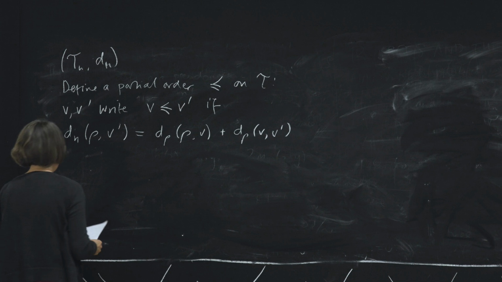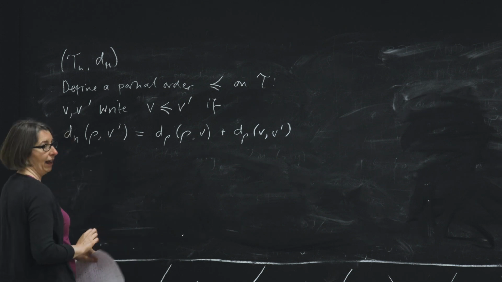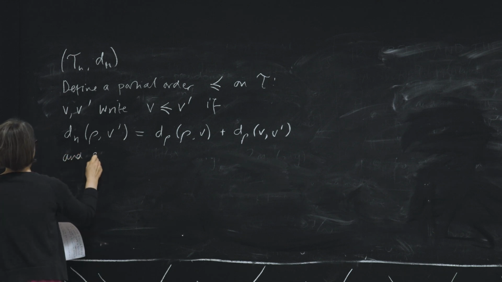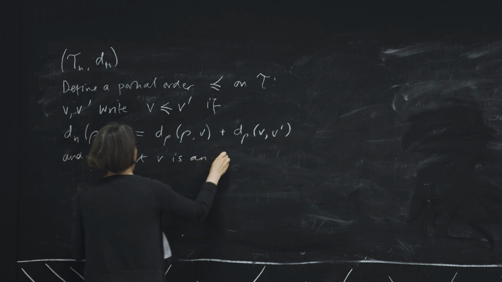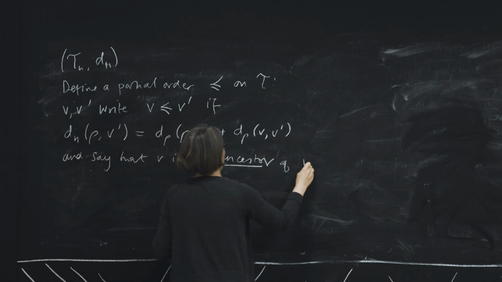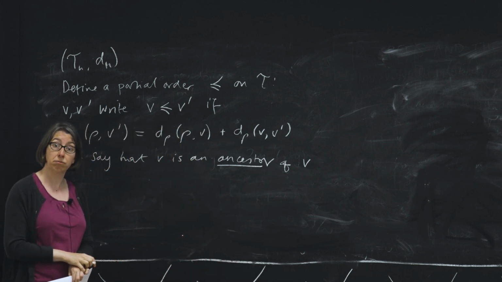If this is the case, I'm going to say that v is an ancestor of v'. So it's on the way to v' and it's closer to the root.